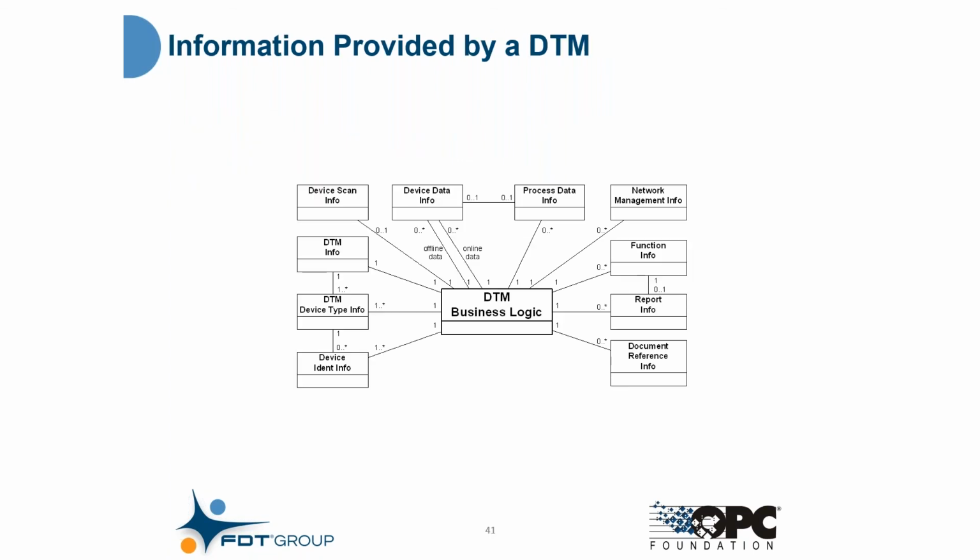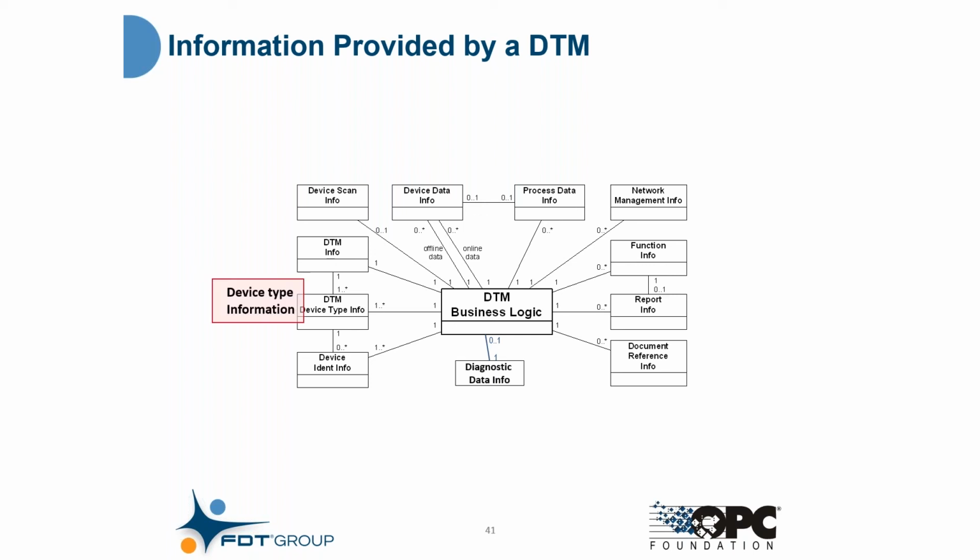We started to look at how the DTM provides information. So this is also a figure coming from the FDT2 specification. When we looked at this, the first thing that we noted was, okay, it doesn't show that the DTM also supports diagnostic data.